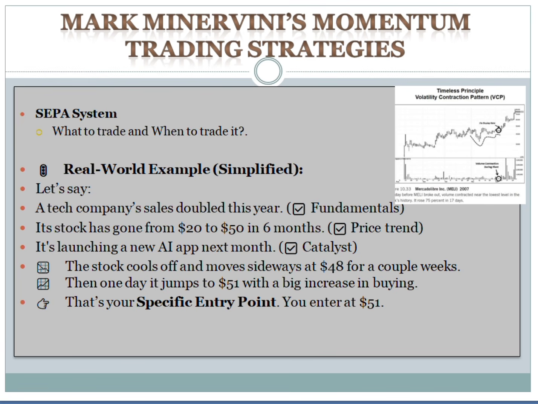Check. The stock cools off and moves sideways at 48 for a couple of weeks, forming a base. Then one day it jumps to 51 with a big increase in buying. That's your specific entry point. You enter at 51.